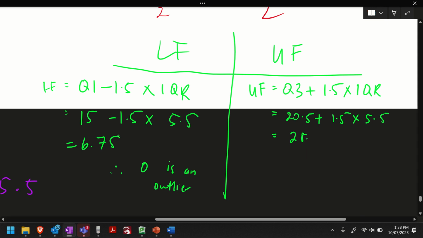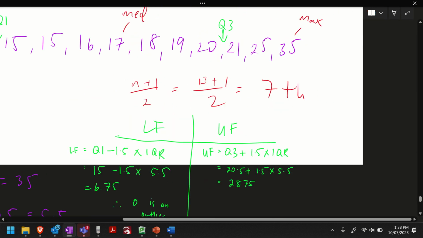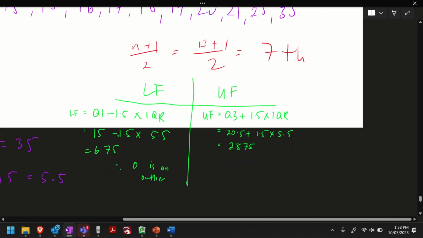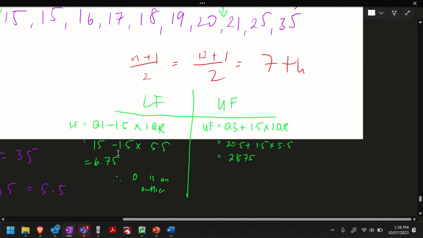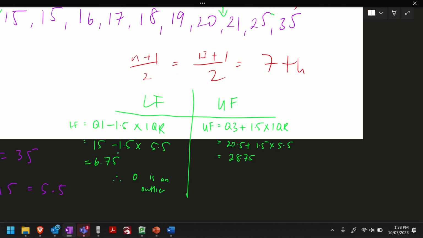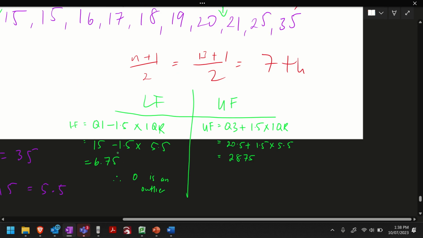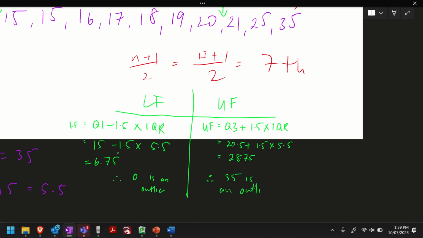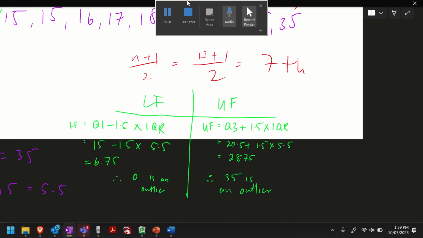You told me before, this stuff's easy. Okay, last one. Is there anything higher than 28.75? Yes, the number 35, because your upper fence is over here. So you have to now write, therefore, 35 is an outlier. Okay, I'm going to stop.